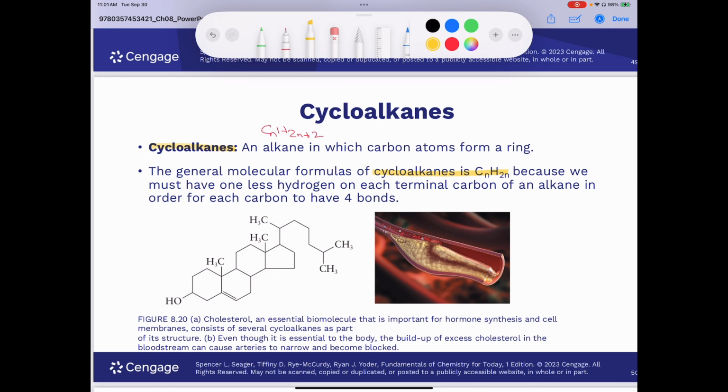You see here the structure of cholesterol, a biomolecule that has several cycloalkanes. You've got a ring here, another ring here, and two more, and there's one here. Those are all six-membered rings, and then you have a ring with five carbons in it like that. So cycloalkanes are very important in biochemistry.